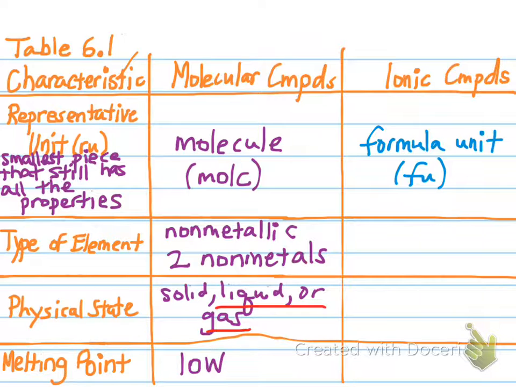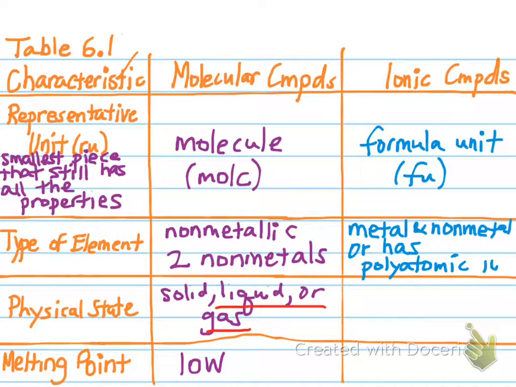We're going to know when a compound is an ionic compound because it's made of a metal and a nonmetal, or it has a polyatomic ion in it. And we're going to talk about polyatomic ions more a little later in this chapter. Remember, ionic compounds typically are going to be a solid at room temperature. Oftentimes they're a solid crystal. And ionic compounds have a high melting point.